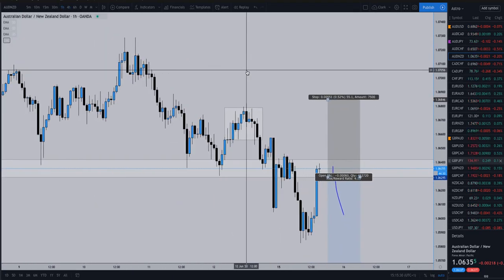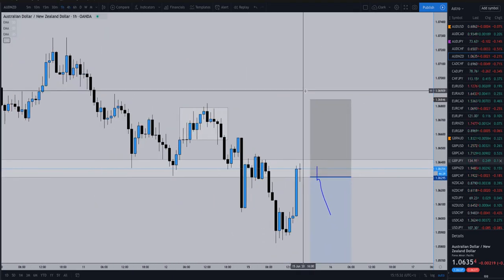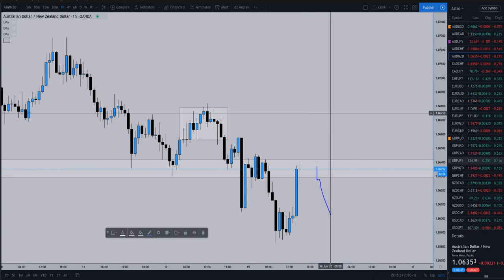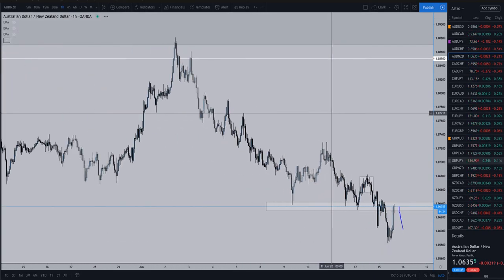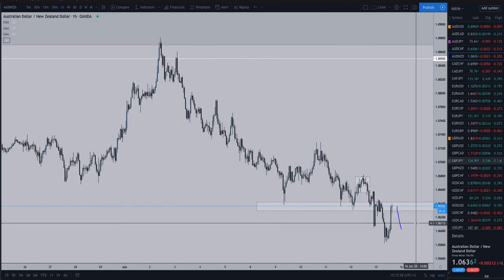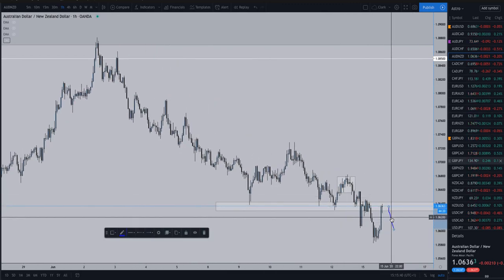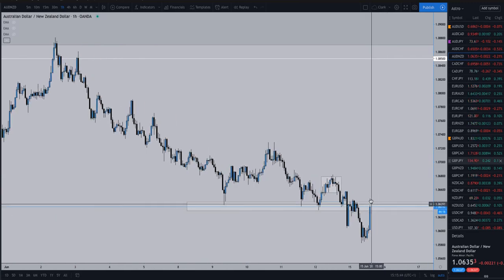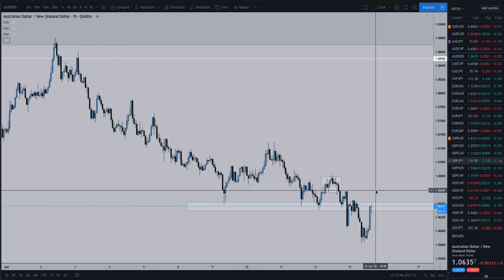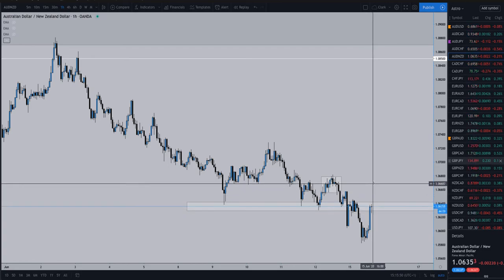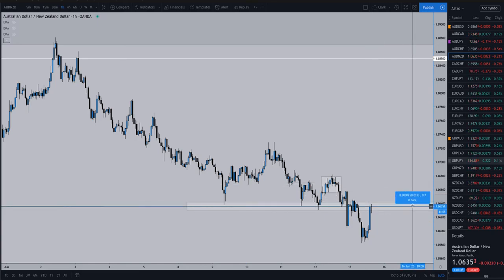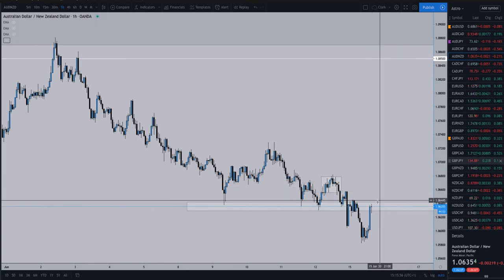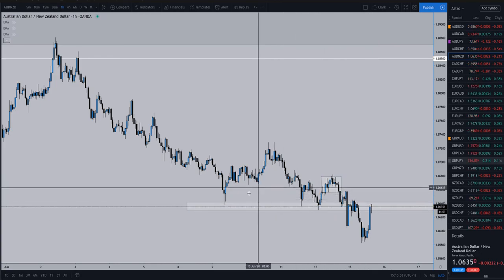But yeah, that's what you would be looking for on this pair. Like I said, I like to go with the overall trend, so I'm looking for a bearish movement. I'm not really looking to buy. If it's going to show me a buy, it's going to take a little bit longer. It's not going to happen till Tuesday or Wednesday morning early, because it's going to have to come all the way up here, which is not that far, 40 pips, but it's got a lot of junk to bust through.